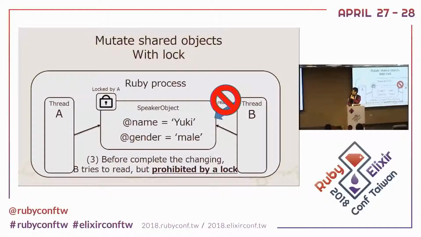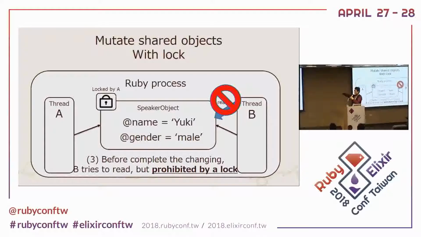And if we want to see this object from thread B, we can't acquire the lock by B, because it is already locked. So we can complete the replacement.